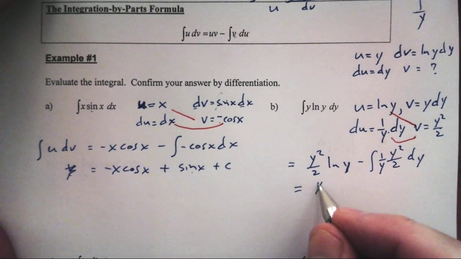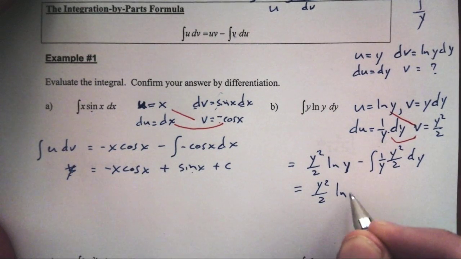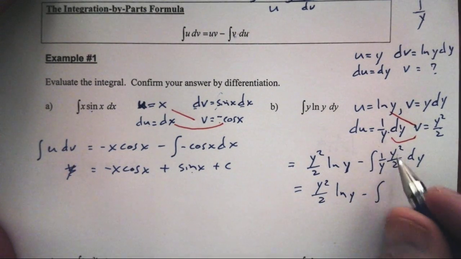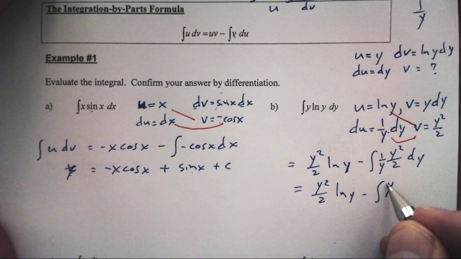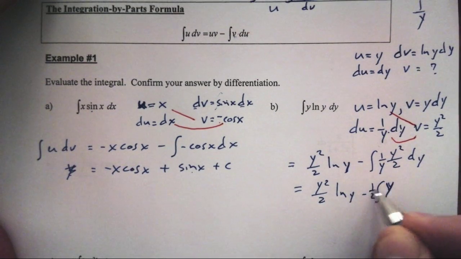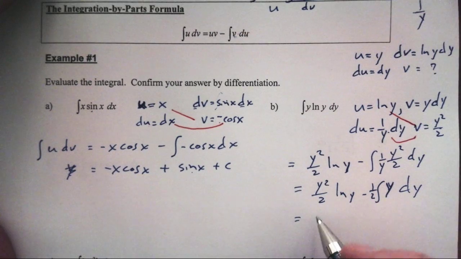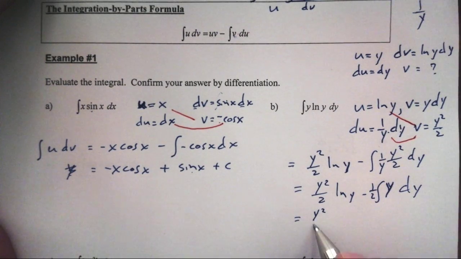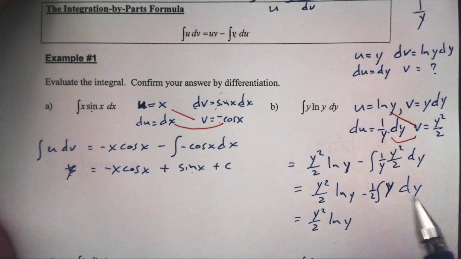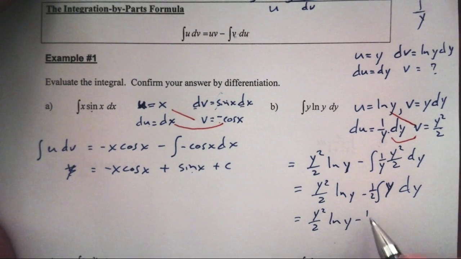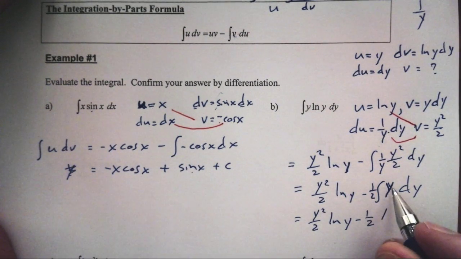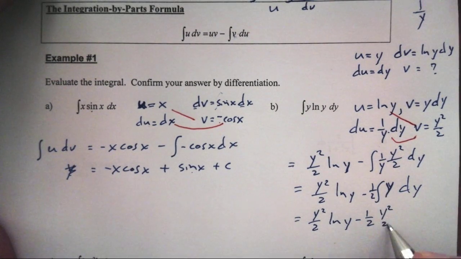This times this times this. So a little algebra cleaning. Y squared on 2 ln y minus, a y cancels a y. I just get y on 2. In fact, I'm going to make that 1/2 outside dy. So I end up with y squared on 2 ln y minus 1 on 2 times the integral of y, which is y squared on 2, plus c.